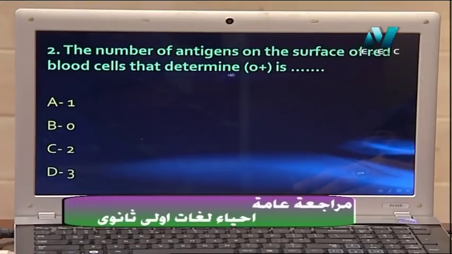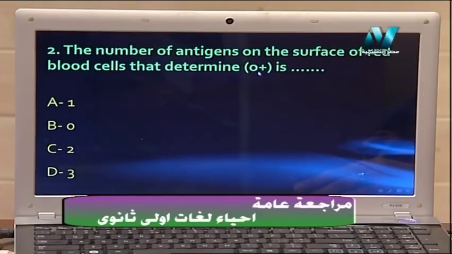When we talk about blood group, O has no antigen at all. But what about the O positive here? O positive here contains RH. RH here is the type of antigen found on the surface of the red blood cell.